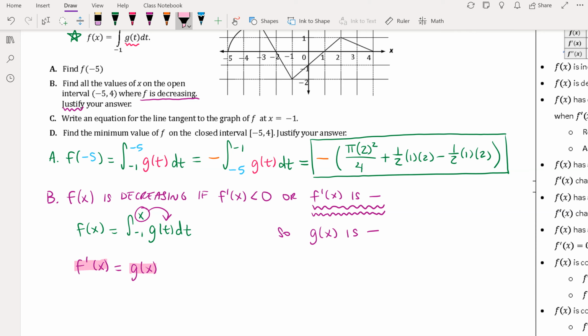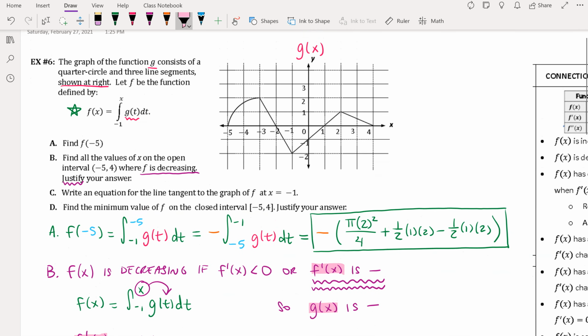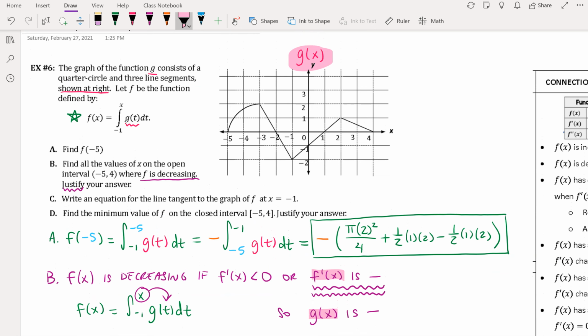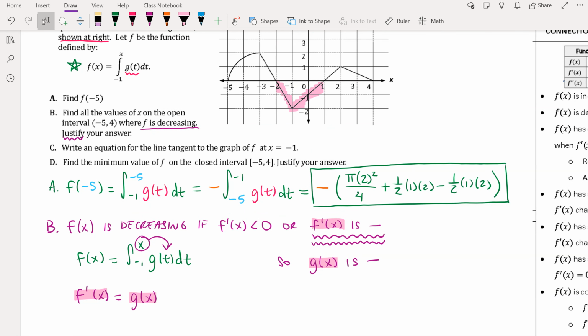So we need to find where g of x is negative instead of f prime is negative. Those mean the same thing. So where's g of x? Well, that is our graph right here. So we just need to figure out where that graph is negative. Remember, negative means below the x-axis. So where is g of x below the x-axis? Right here. So from -2 to 1. And that's what we're going to write for our answer.